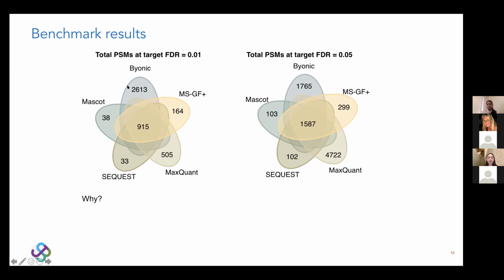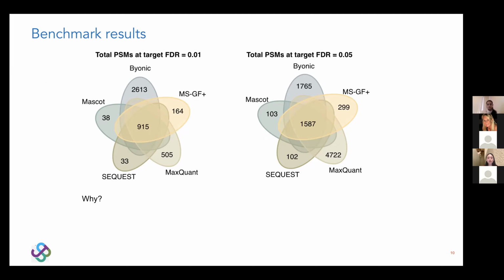In fact, Byonic alone can identify more than twice as many PSMs as those shared by all 5 search algorithms at FDR 1%. And at 5%, MaxQuant identifies 4,000 unique ones, while the common PSMs by all these 5 methods is only 1,500.